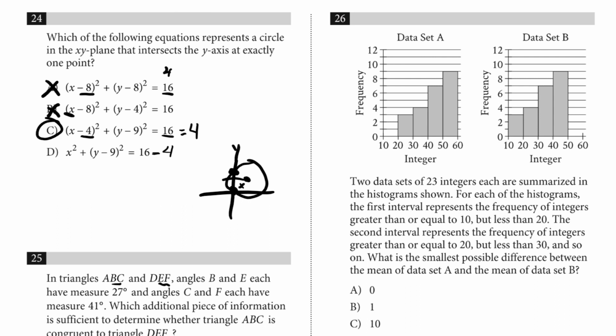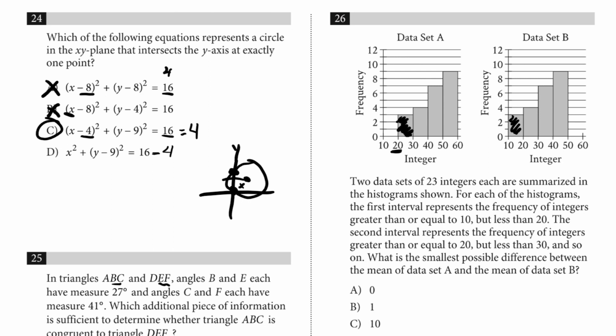So if we get a worst case scenario for dataset A and a best case scenario for dataset B, there's going to be a 1-digit difference for each interval. For example, for dataset A, the smallest that we can go is 20 for this first interval. But for dataset B, the best we can get is 19.